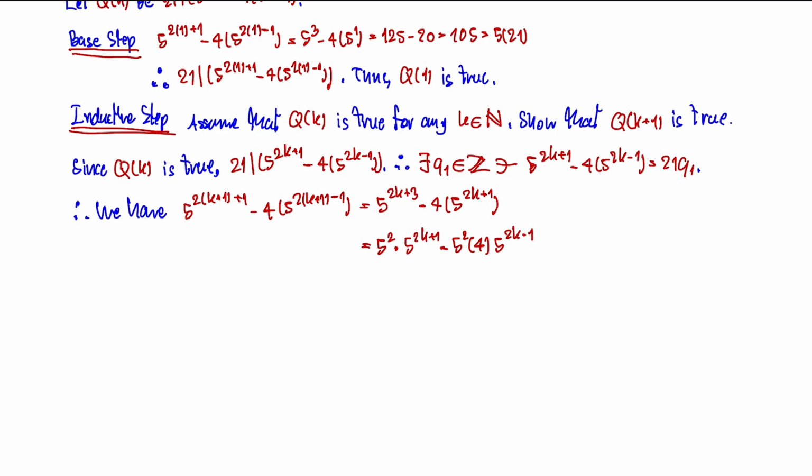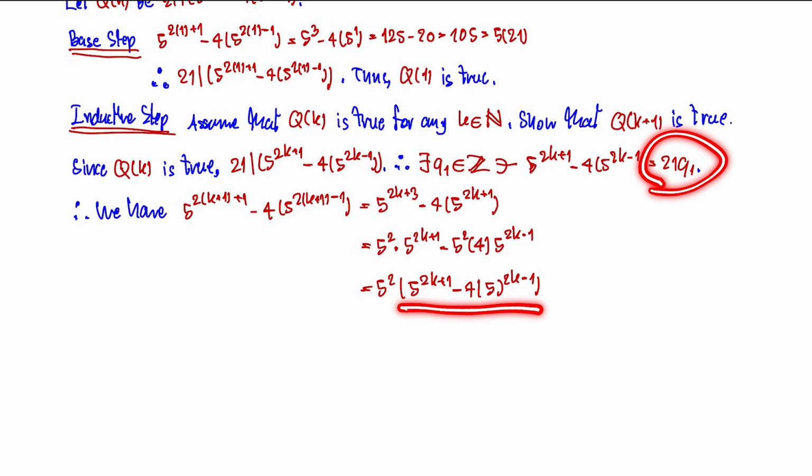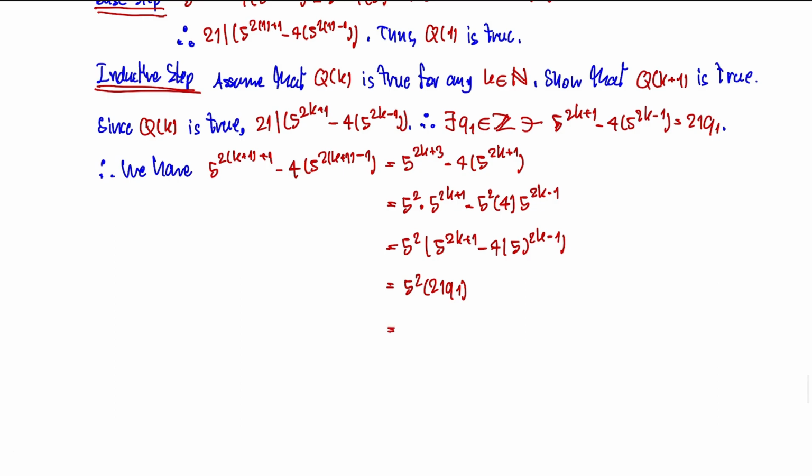So let's factorize 5 squared. We have 5 squared times (5 to the 2k plus 1 minus 4 times 5 to the 2k minus 1), and this term right here is 21 q1. So it turns out to be 5 squared times 21 q1, which is 21 times 25 q1. That means that 21 divides this term.